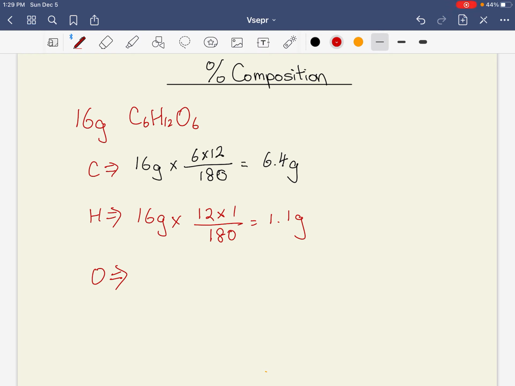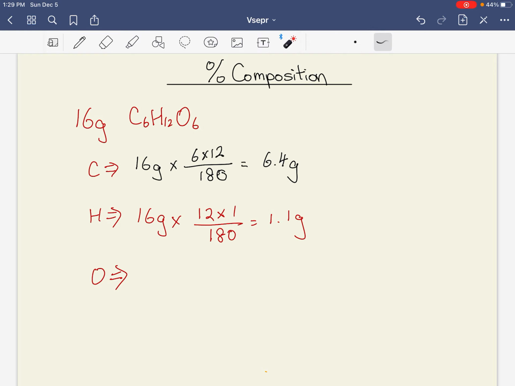And I guess if you were to subtract from 16 the sum of these, you will find the amount of oxygen. Let's say I'm going to do this by convention. So I'm going to do 16 grams times 6 times 16 over 180.